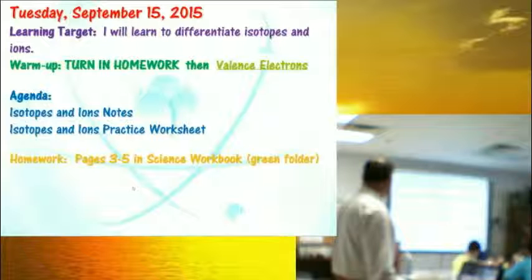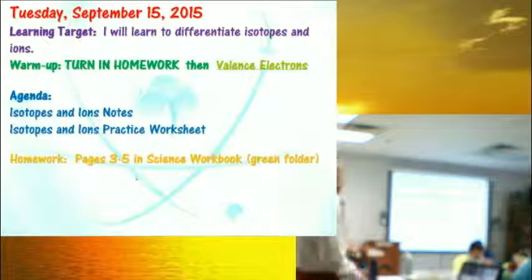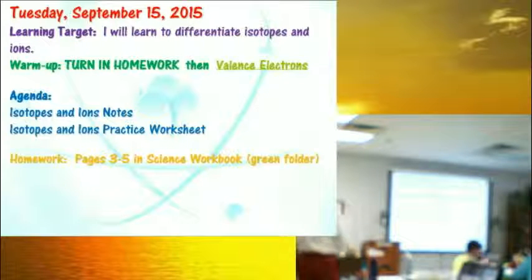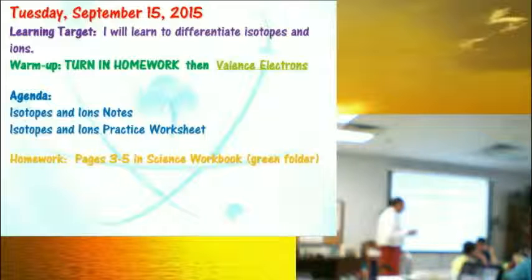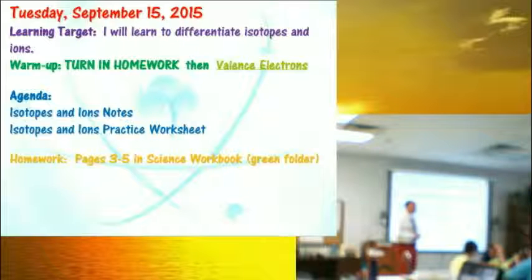Okay, today we're going to move into something a little bit different. We're going to be still talking about atoms, but we're not going to be talking about the fact that atoms have equal protons and electrons anymore. Okay? We're moving on beyond that. Now, for 8th grade, for the most part, you need to always remember that the atom is neutral. What does that mean, to be neutral? That means it has no charge. Now, some of the particles in the atom have charge.